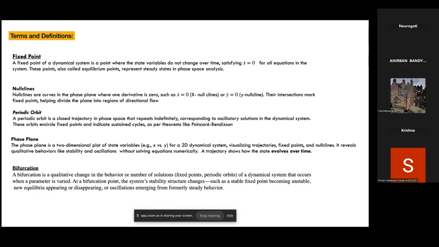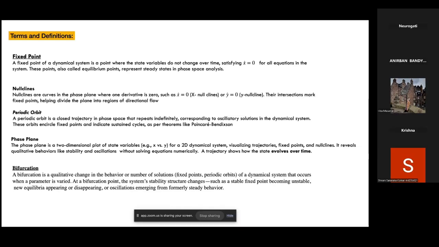Let me go forward to the different terms and definitions for differential equations, like nonlinear dynamics and linear dynamics. Here I'm telling you the definitions, and as we go forward, we'll understand those concepts further. One of the terms that I'll use in the slides is fixed point. So what is a fixed point?